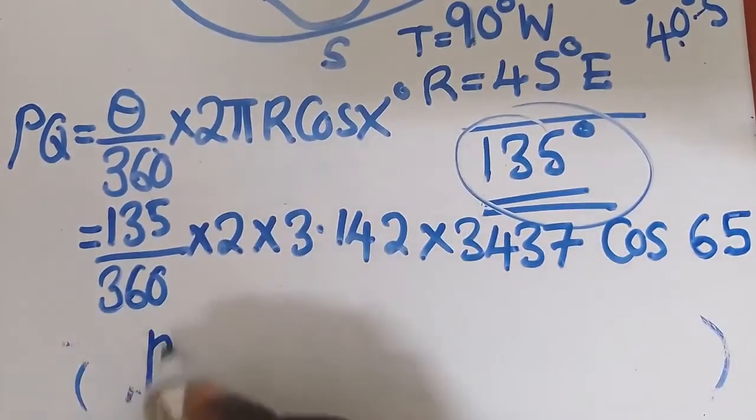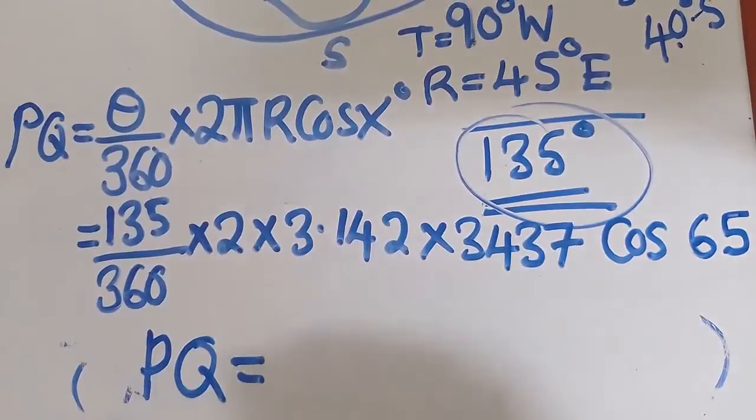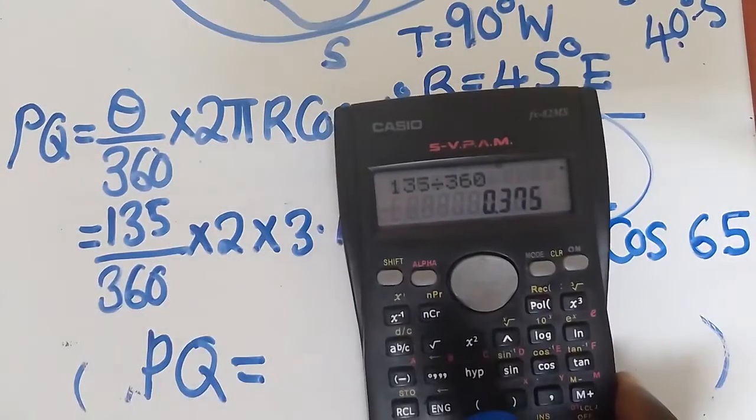Then you say PQ is equal to what? We are going to type everything on our calculator. You say 135 divided by 360, you get this answer.